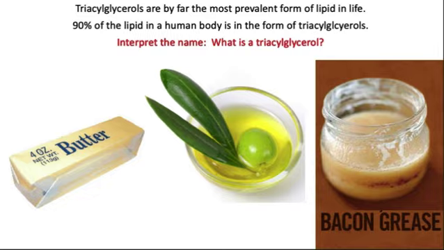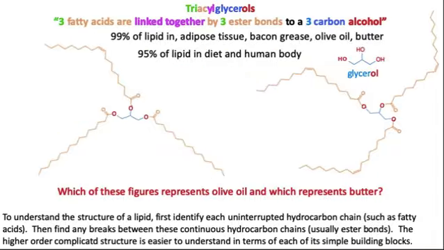Can you interpret the name triacylglycerol? Well, please pause and do so, but I'm going to move on. Of course, tri as in three. Acyl is an extremely important word that you should know. Acyl means that it is an ester link to a fatty acid.